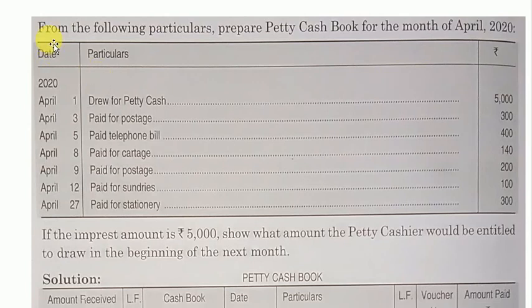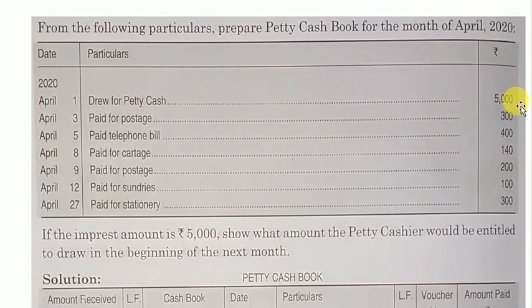Now comes one question in which we'll discuss how to prepare the simple petty cash book. From the following particulars, prepare petty cash book for the month of April 2020. Here we have to record all these transactions in the petty cash book. On April 1st, drew for petty cash 5,000.